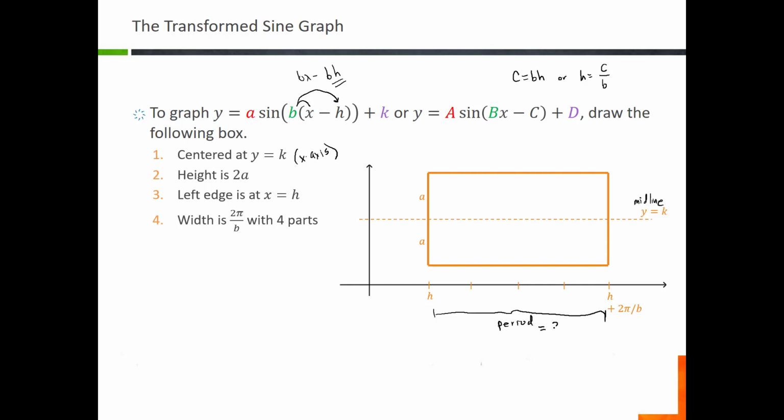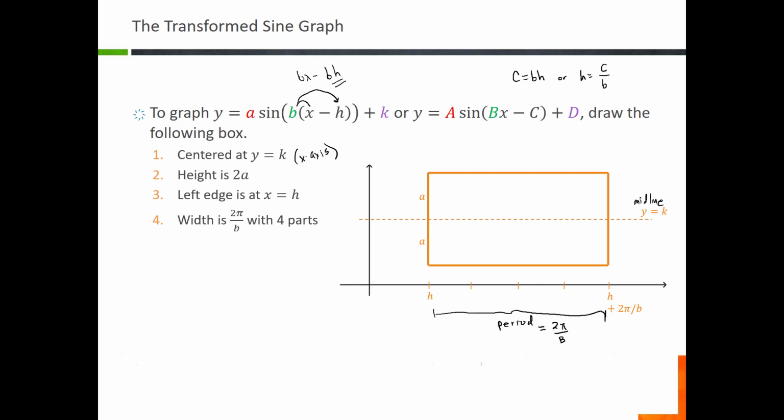And this is an equation you're going to want to know: the period is 2 pi over b. So if you know the graph starts at h and you know its whole length has to be 2 pi over b, then h plus 2 pi over b will get you to the right edge.